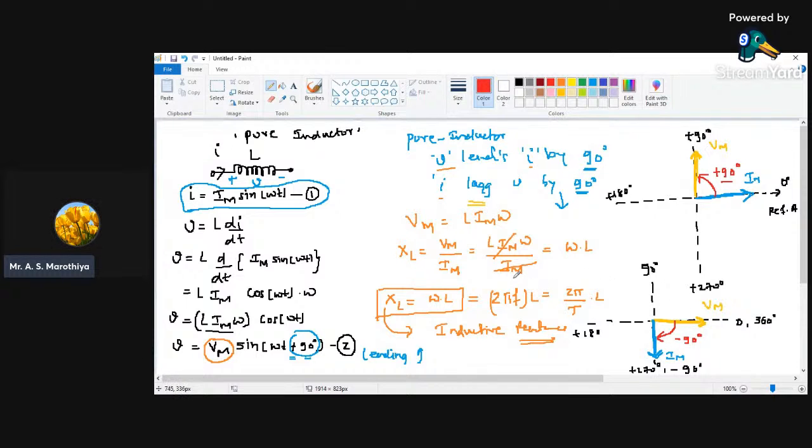And the second important thing is the ohmic opposition offered by an inductor to the flow of current through it. That means the formula for inductive reactance, and the formula is omega L, or 2 pi F L, or 2 pi by T into L, where F indicates the frequency in hertz, capital T indicates the time period in second, and L indicates the inductance of that inductor, which is in Henry. This is very important.